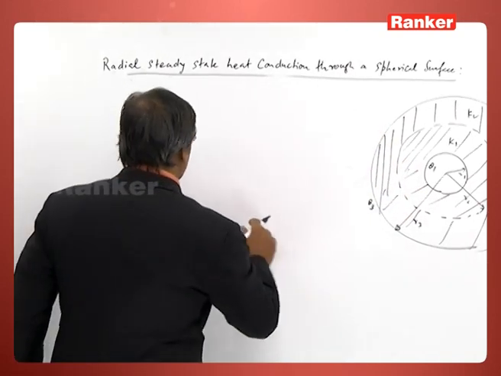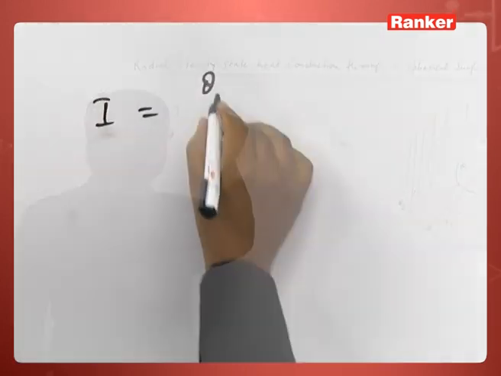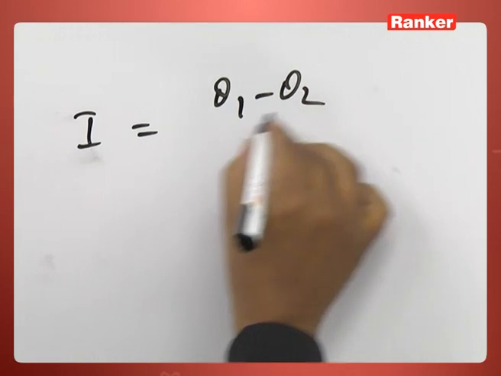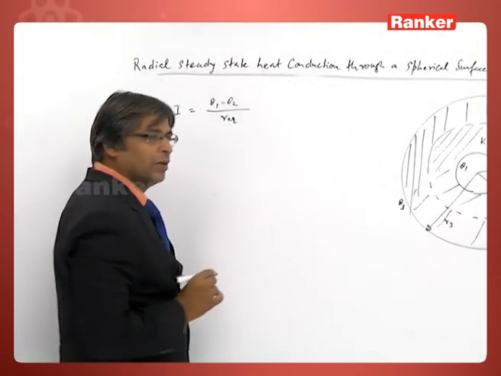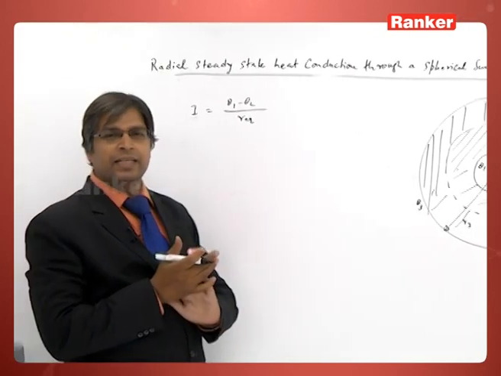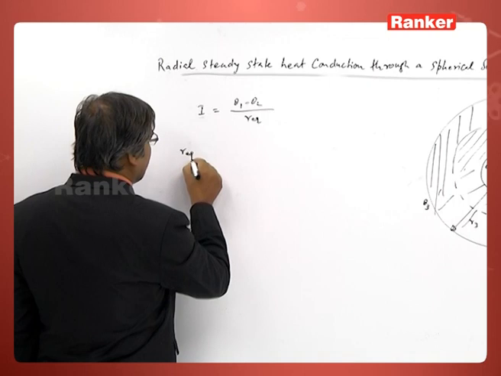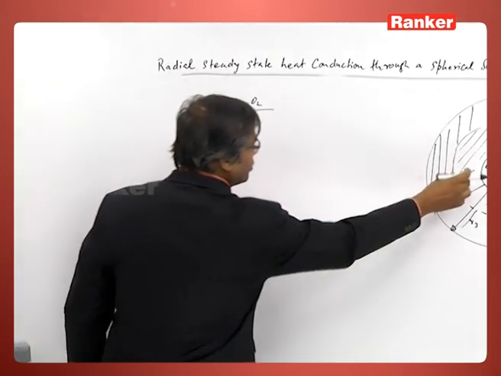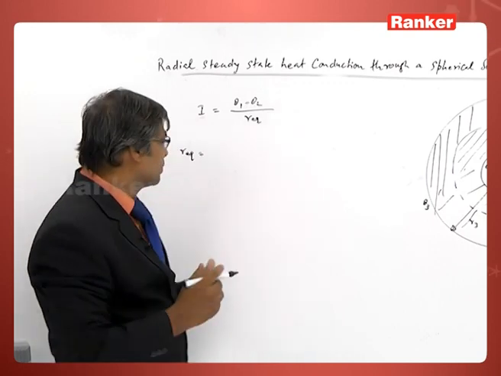So, my general expression will be I is equal to (theta 1 minus theta 3) by R equivalent, where R equivalent is the equivalent thermal resistance. Now, I will write R equivalent; these two thermal resistors are in series.